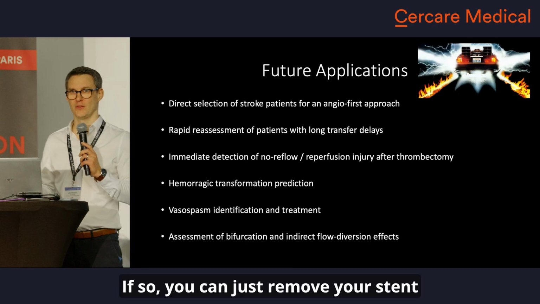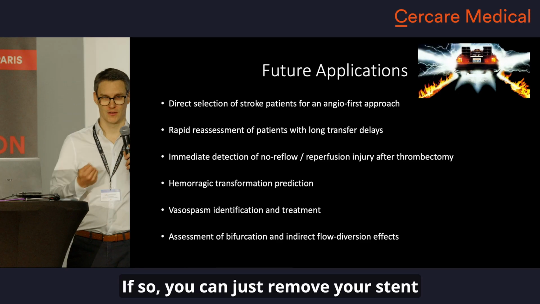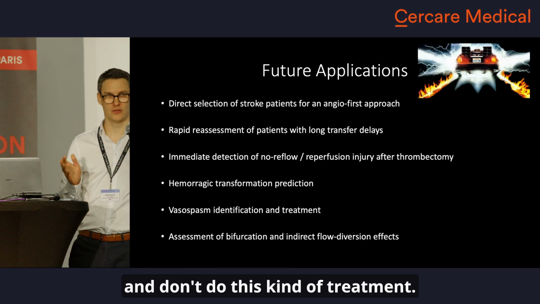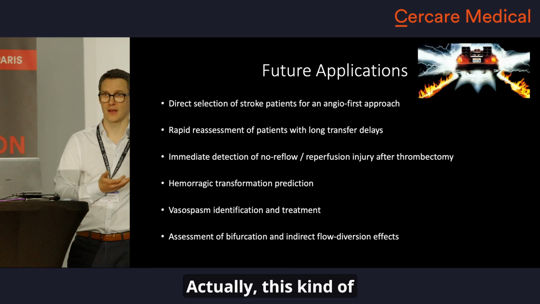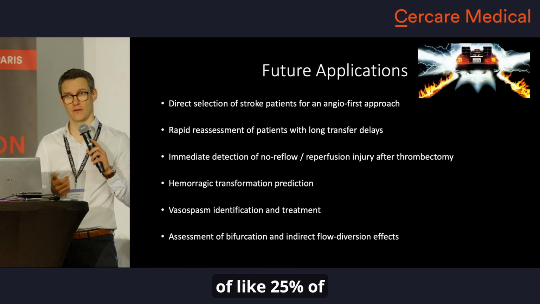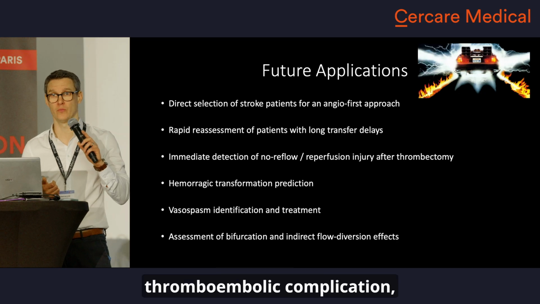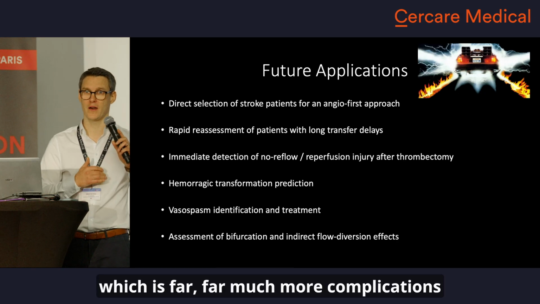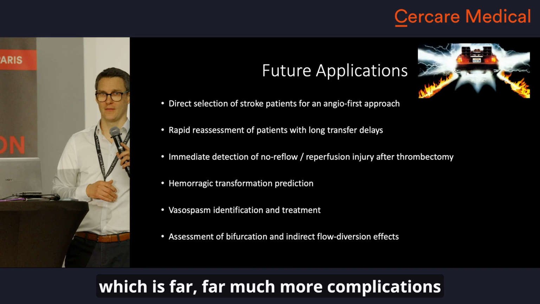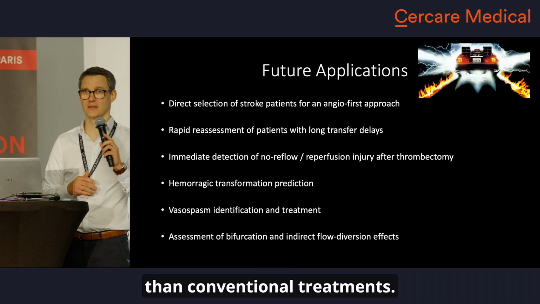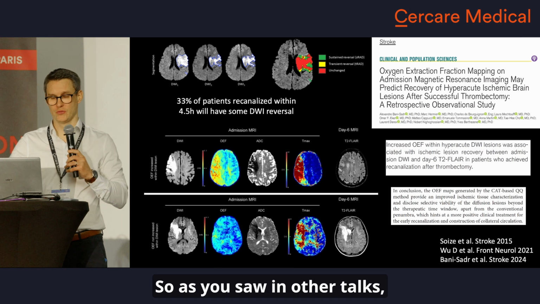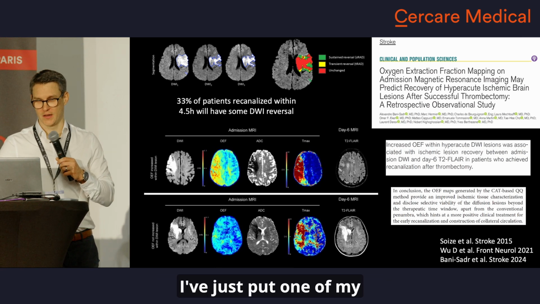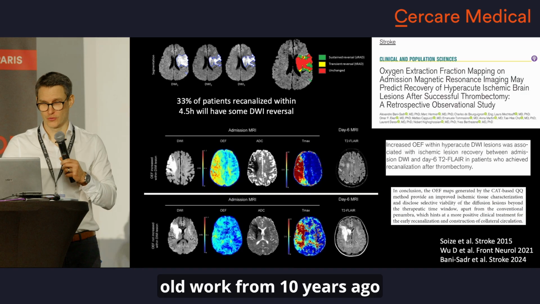If so, you can just remove your stent and not do this kind of treatment. If everything's perfect, you can do it. Actually, this kind of treatment carries a risk of like 25% of thromboembolic complication, which is far more complications than conventional treatments.